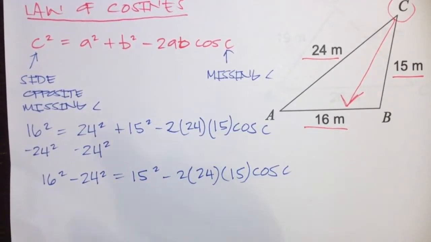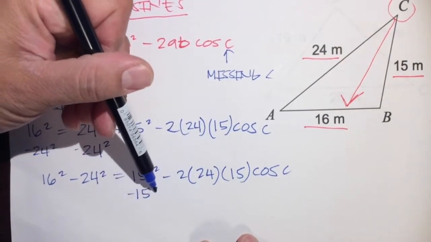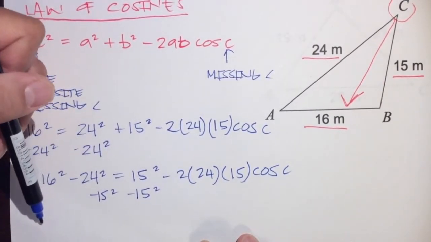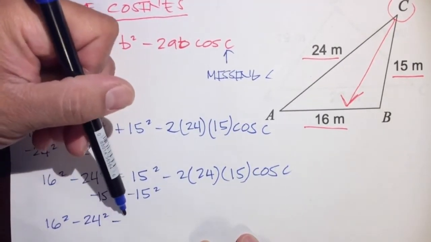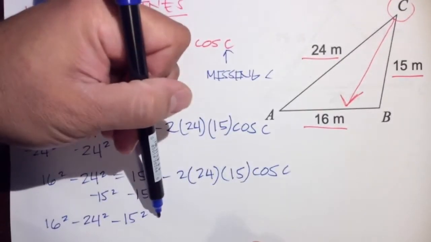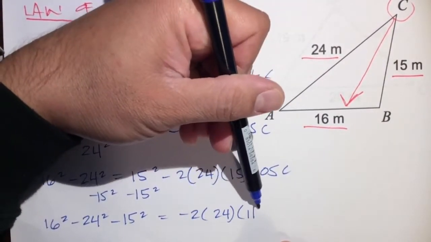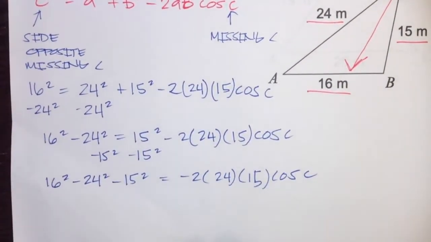This 15 squared. How do we get rid of that? We're going to subtract it from both sides. And it really is 16 squared minus 24 squared minus 15 squared is equal to negative 2 times 24 times 15 times the cosine of C.